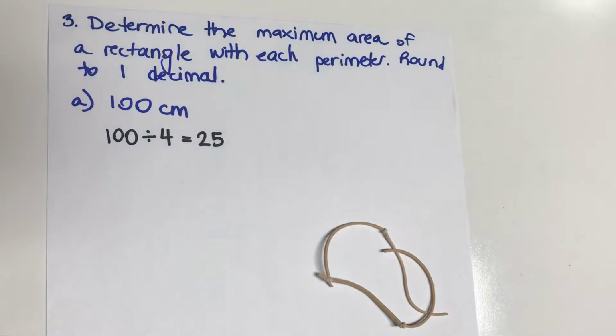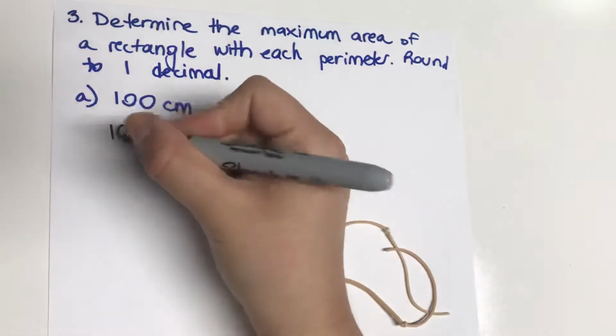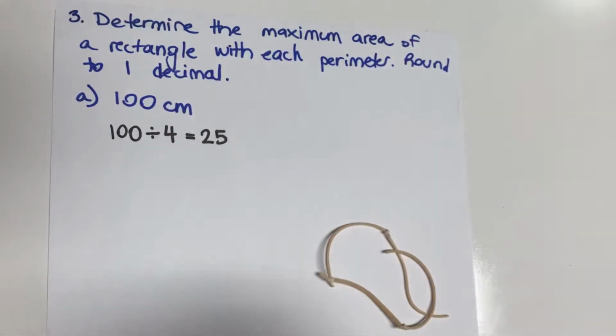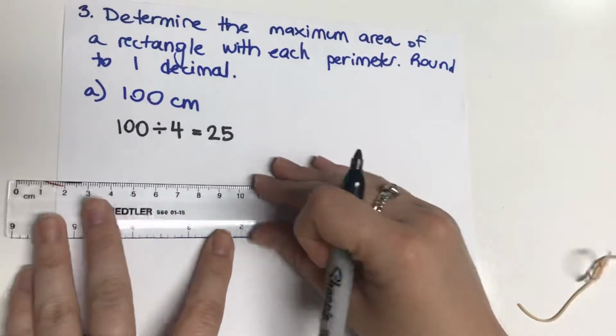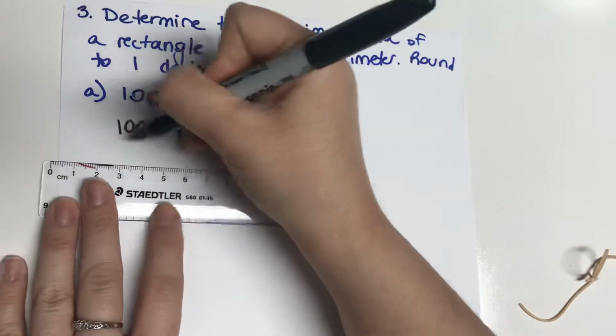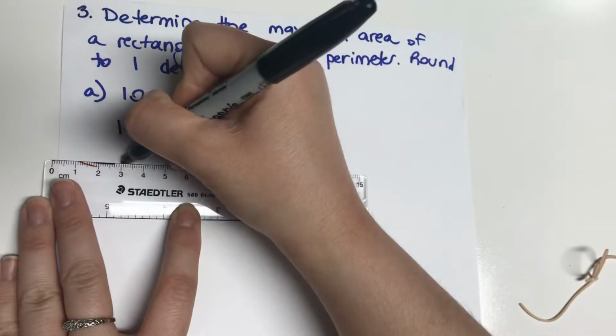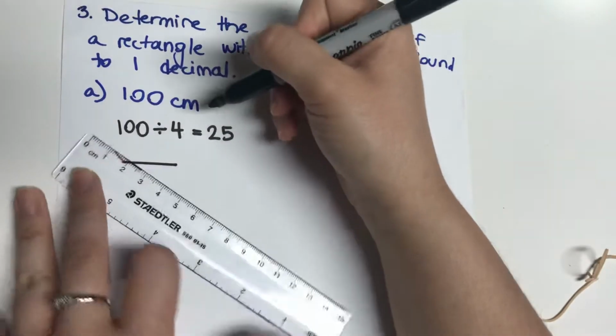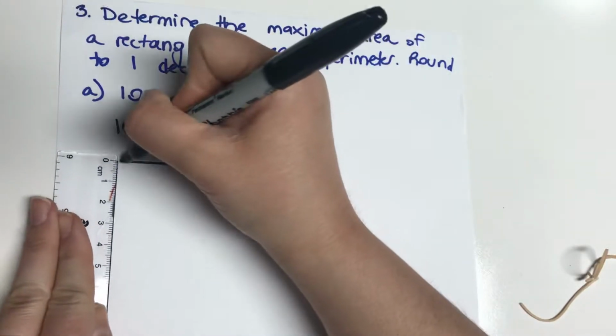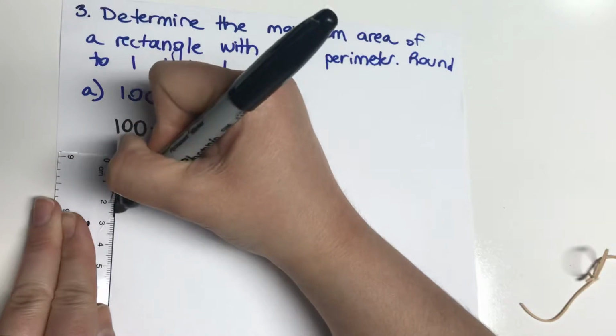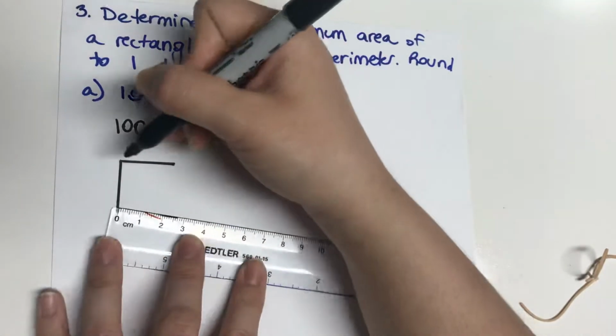What this looks like drawn is a square. Actually, it is to scale because I'm making it 2.5 instead of 25 on each side.